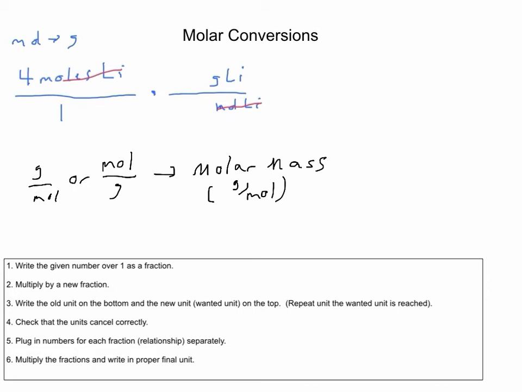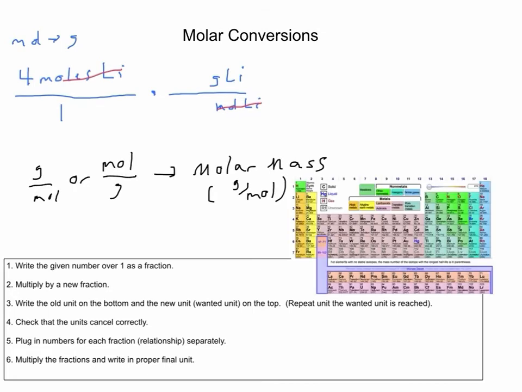So if we look up the molar mass of lithium, we will see that lithium has a molar mass of 6.9 grams per mole. So how does this fit into our equation? Well, think about what this unit grams per mole means. This tells you that there are 6.9 grams in every 1 mole of the compound.